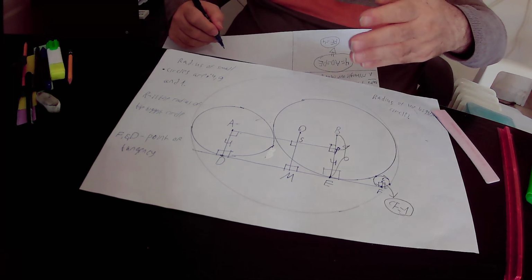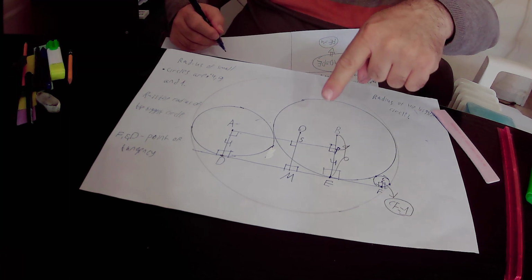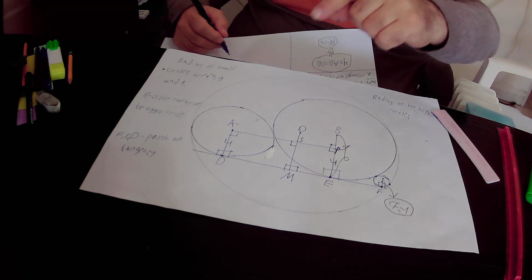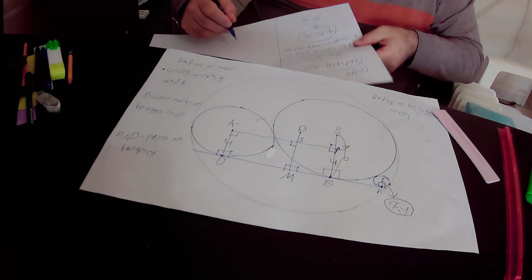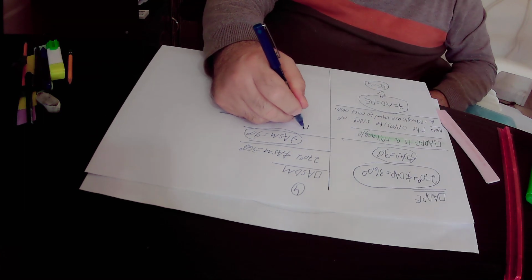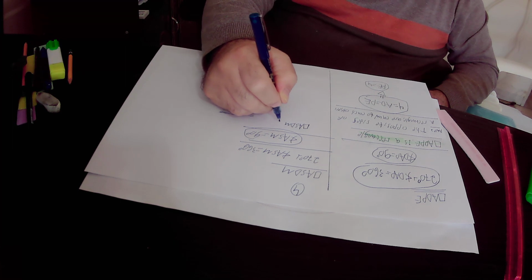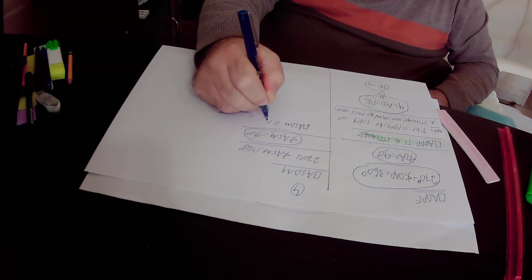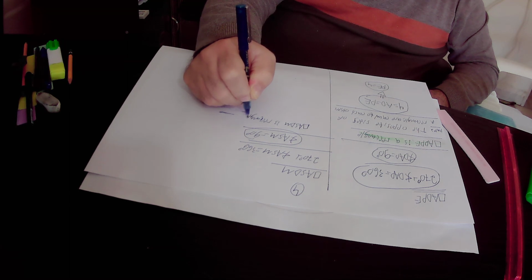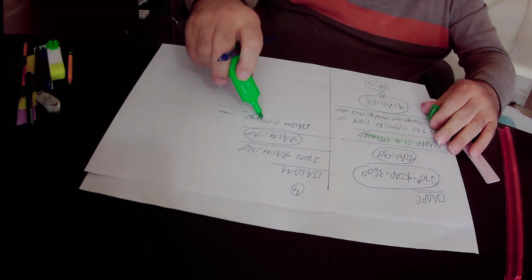And because quadrilateral ASDM has 4 right angles, we conclude that quadrilateral ASDM is a rectangle. And we know that the opposite sides of a rectangle are equal to each other.